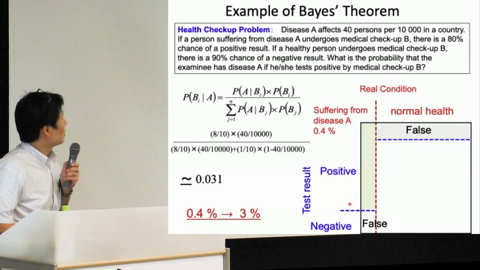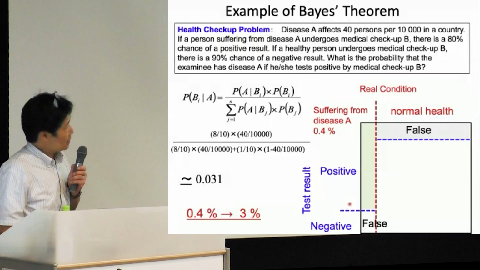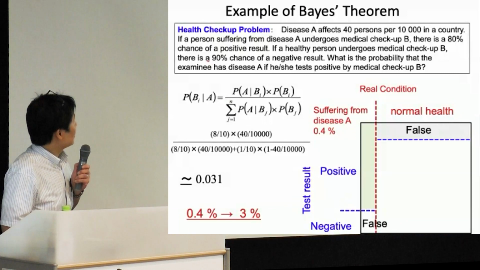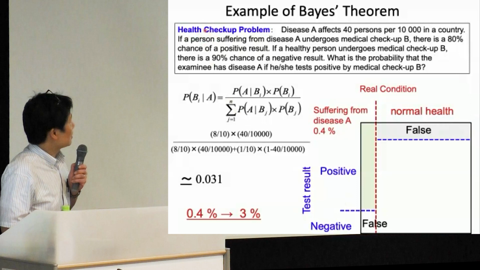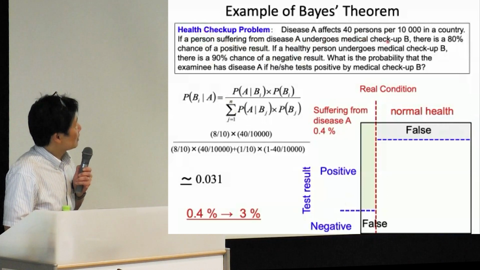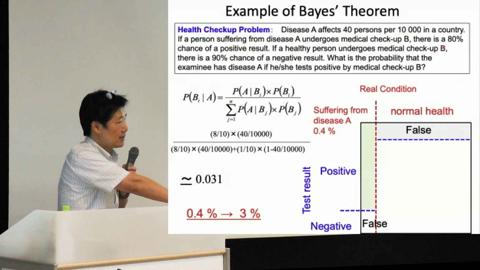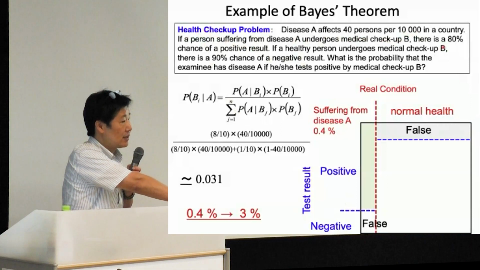So this example is about a health checkup problem. So let's consider disease A that affects 40 persons per 10,000 in a country. Let's imagine this disease is something serious, like cancer.